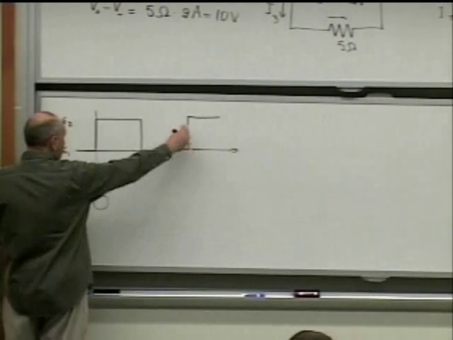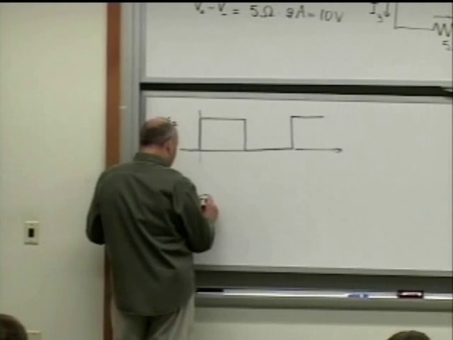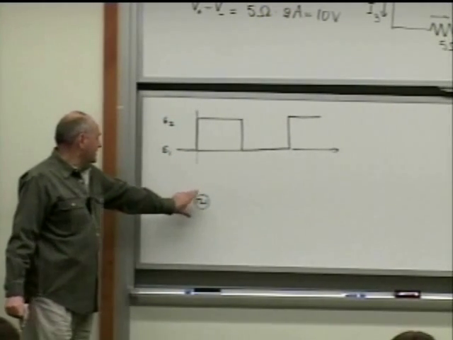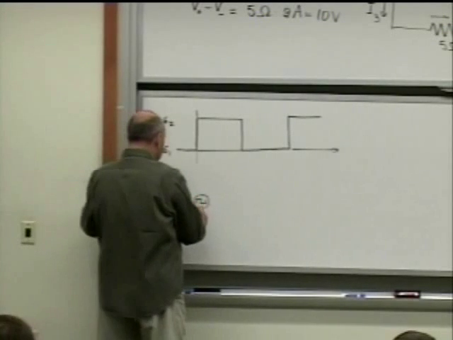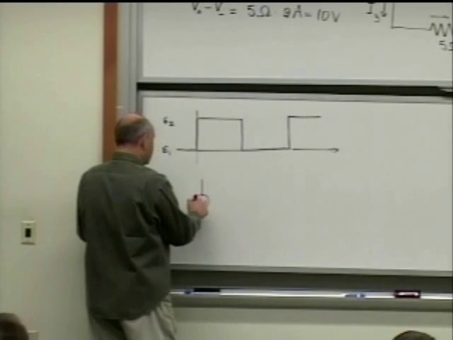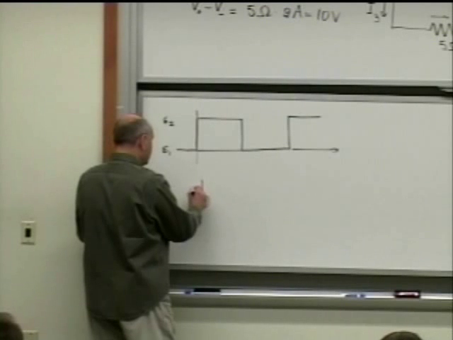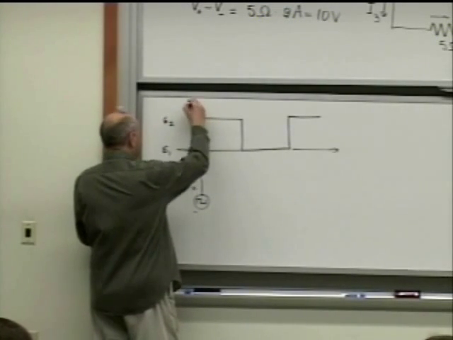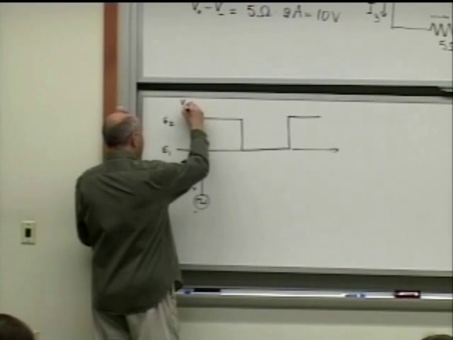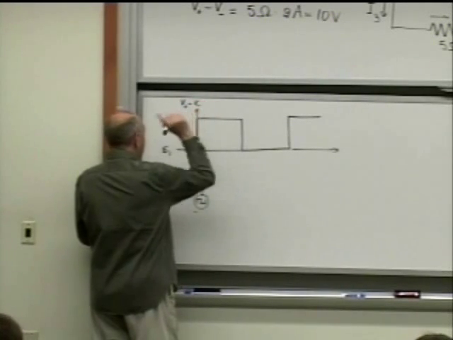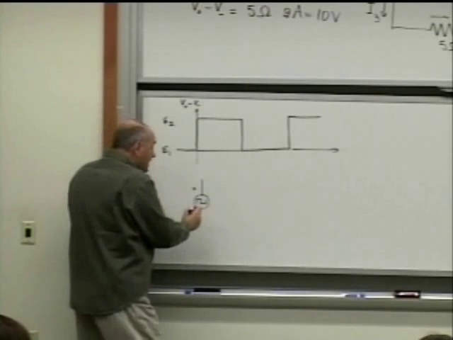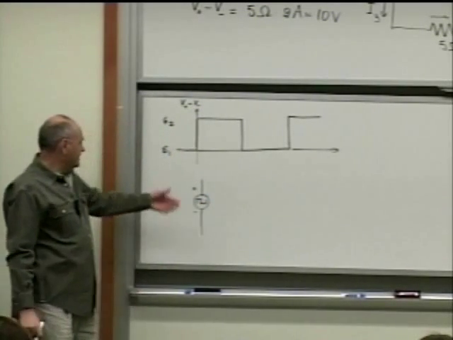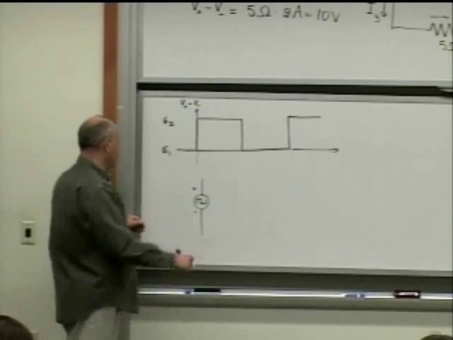So I would have to draw this type of a graph on the symbol, and I consider that this is the potential difference between this point and this point. The plot over here is the potential difference really between these two points. So in other words, I'm considering really an ideal source of electromotive force.